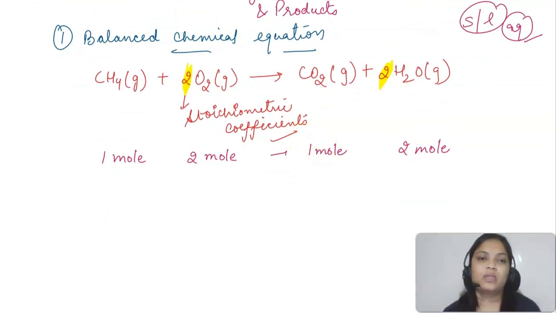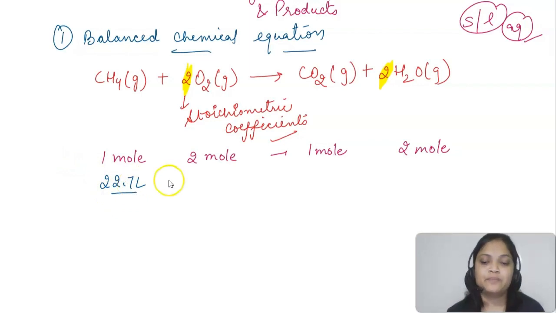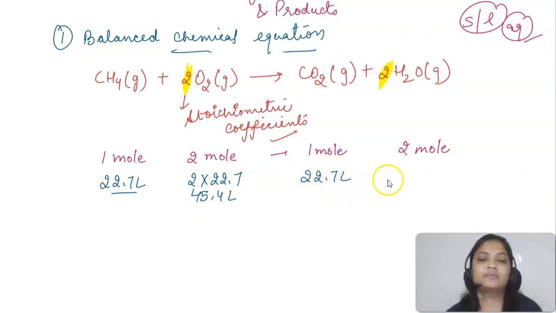Next up is, as I have given you in the last session, 1 mole of any gas at STP will have 22.7 liters of volume, like at 1 bar pressure, remember. So 22.7 liters of methane will react with 2 into 22.7, means 45.4 liters of oxygen to form 22.7 liters of carbon dioxide, and again 45.4 liters of water vapors.